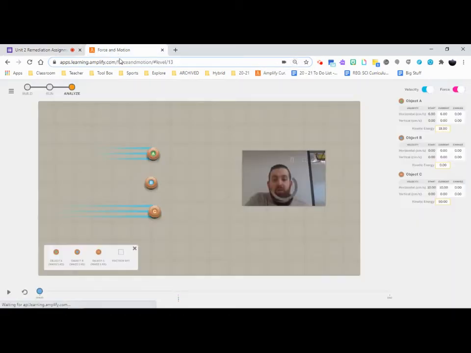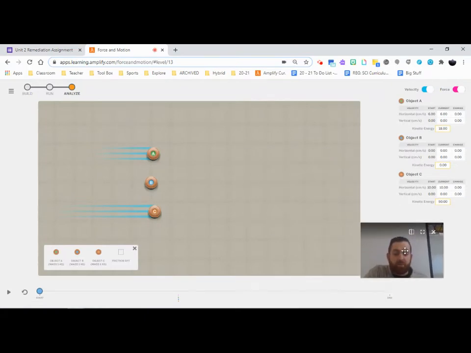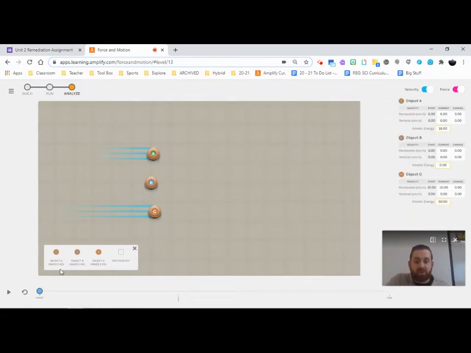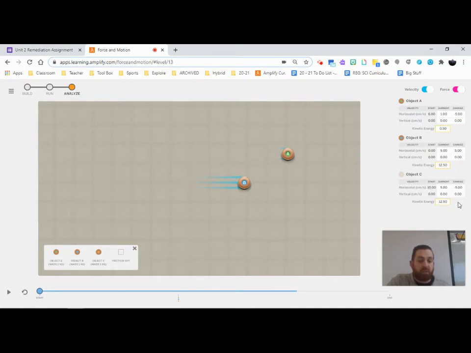So if we were to have that same idea here, for example, we have a set of objects that have a similar change. Let's say object A went from 6 to 1, so a change of 5. Object B went from 0 to 5, a change of 5, and object C went from 10 to 5. They all experience the same change.